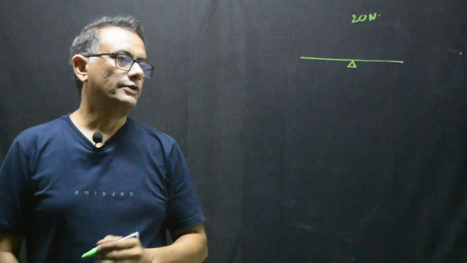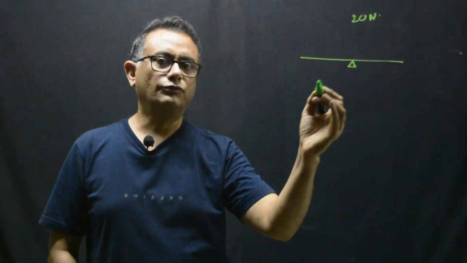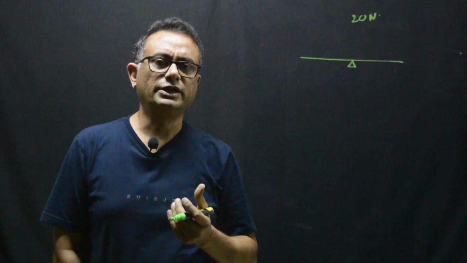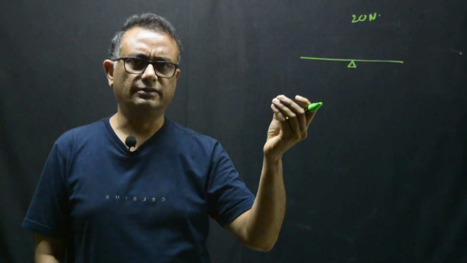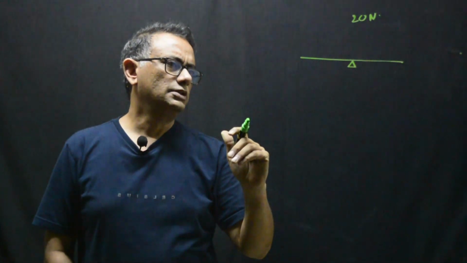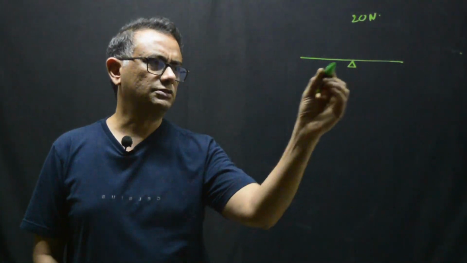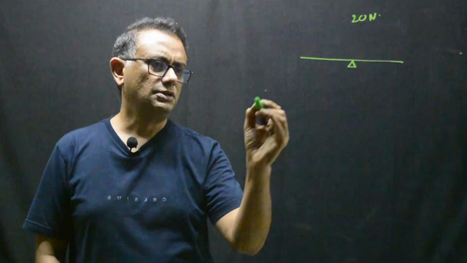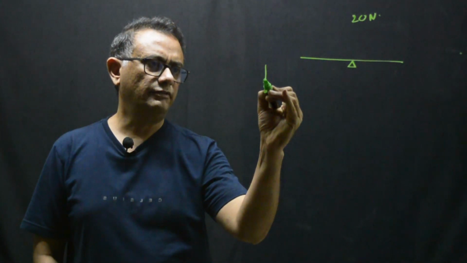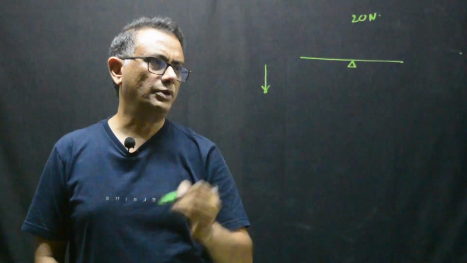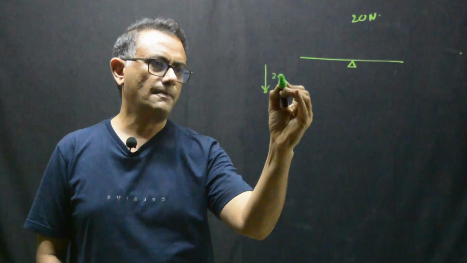If you draw the free body diagram, which is a diagram where we put all the forces acting on the object, and consider this pivot as a point, we see that the weight is going to act on the pivot, which is 20 Newton.